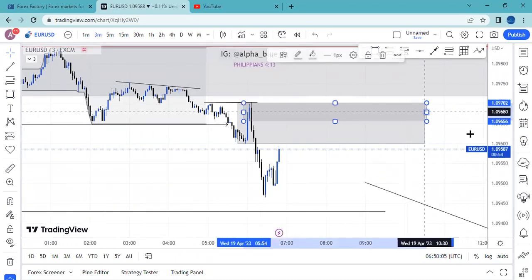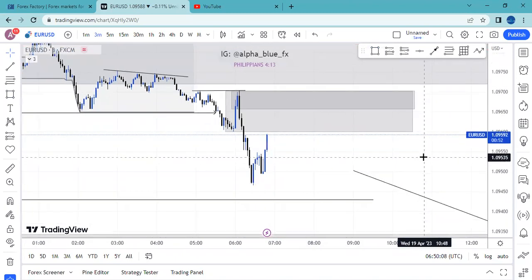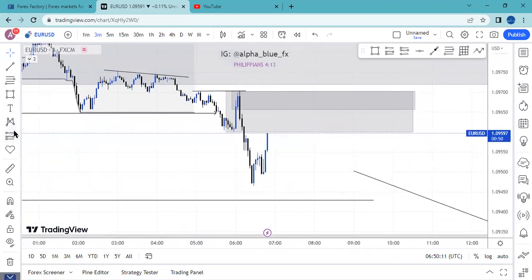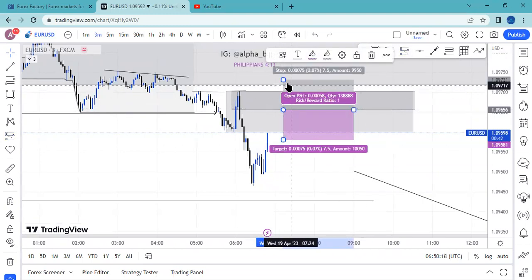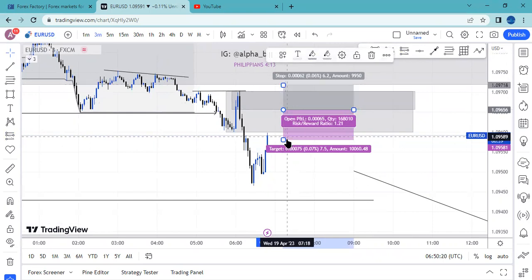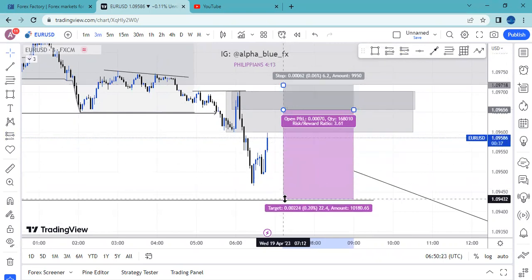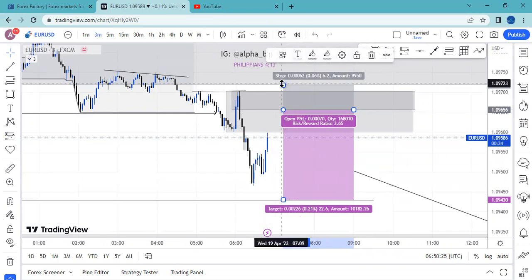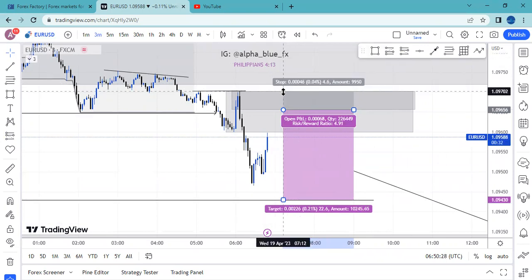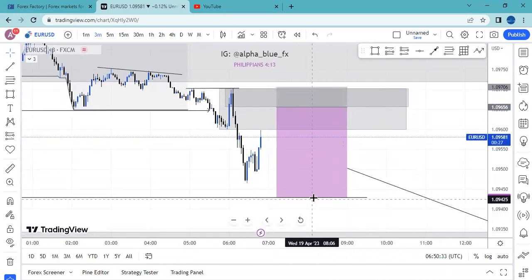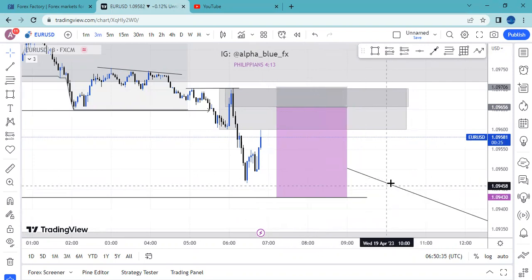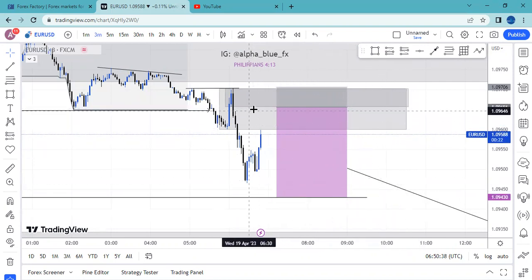So these two levels, either of them. So 5 pips stop loss and then 4.5 hour. That's if price gets to this OB, this 5 minutes OB.